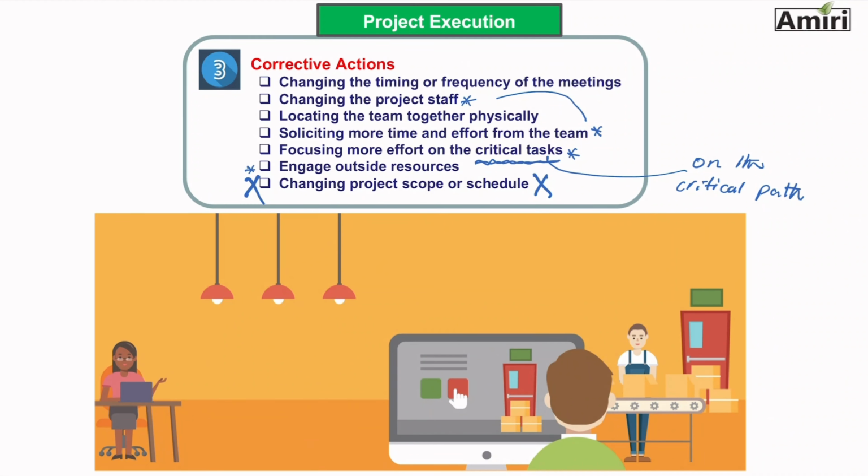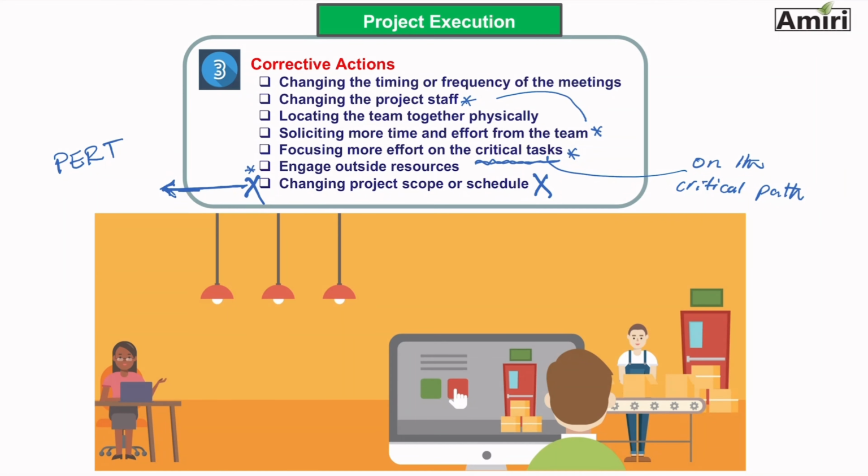Sometimes you cannot change the scope or schedule of the project, but within your task list, within your project schedule, you might be able to shift tasks around. Again, especially if you look at your PERT diagram and your Gantt chart, you might be able to move some of the tasks around a little bit or change the timeline of some of the tasks.